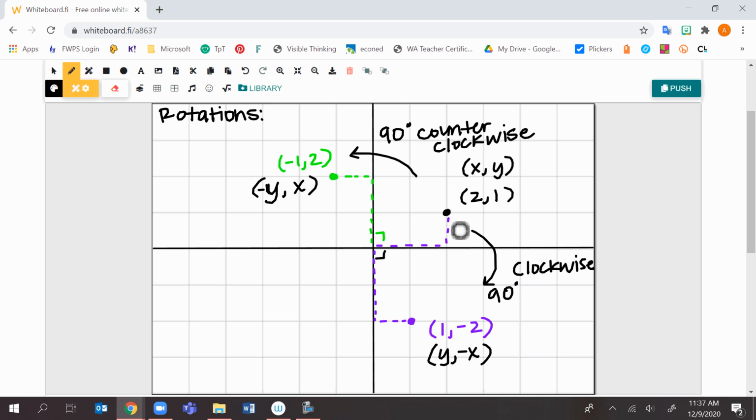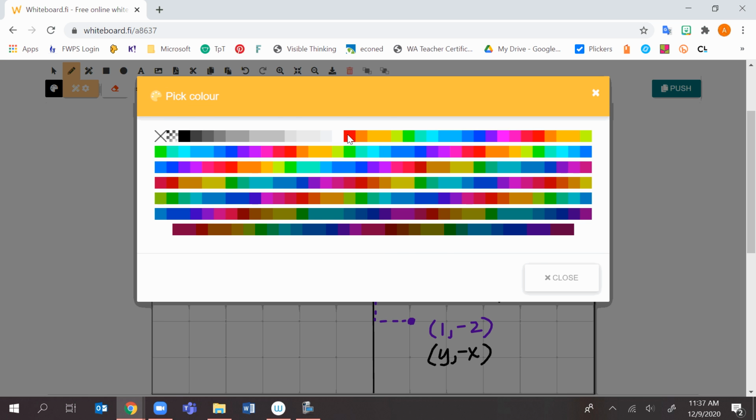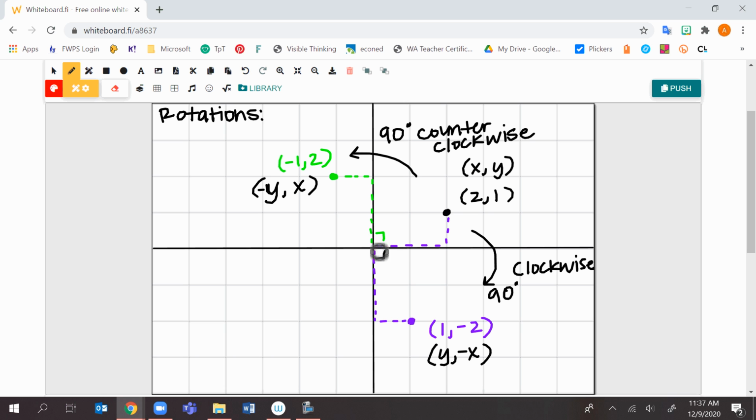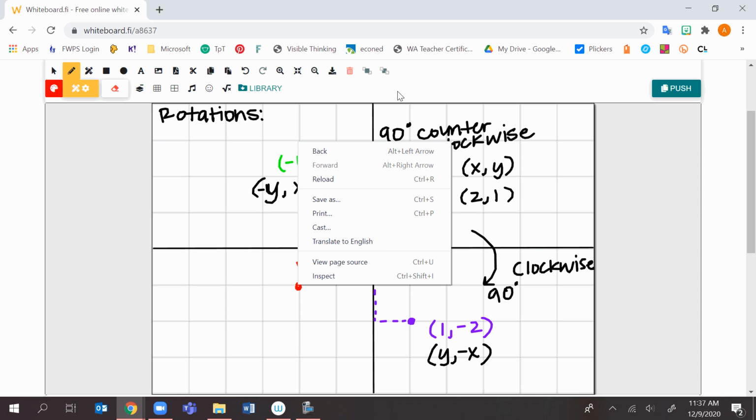If we went and did a 180-degree rotation, then we are going to see this part here going to be moving 180 degrees, and then down here to this point right here.